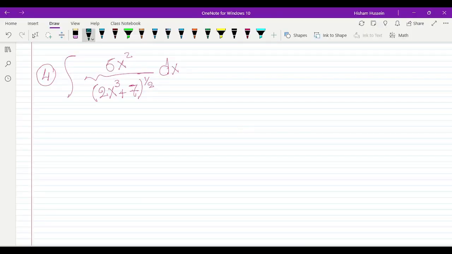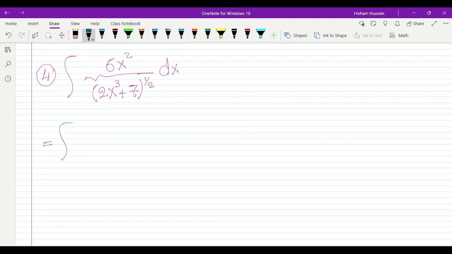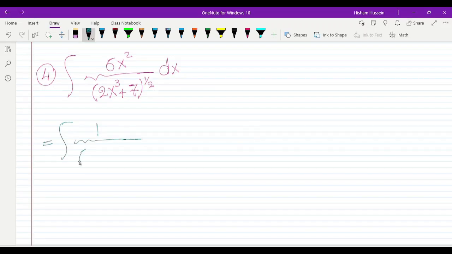Here we have integration of 6x squared divided by 2x power 3 plus 7 to the power half. The same idea, which is splitting this function into two functions to clarify where is the main function, where is the inner function, where is the derivative of this inner function.